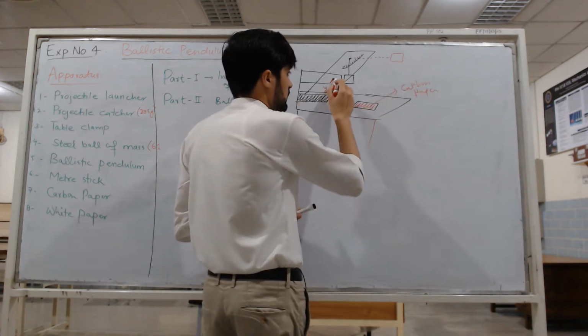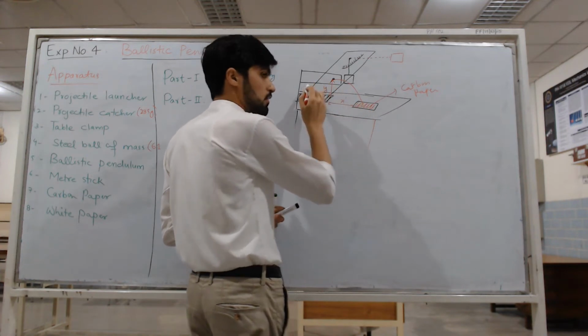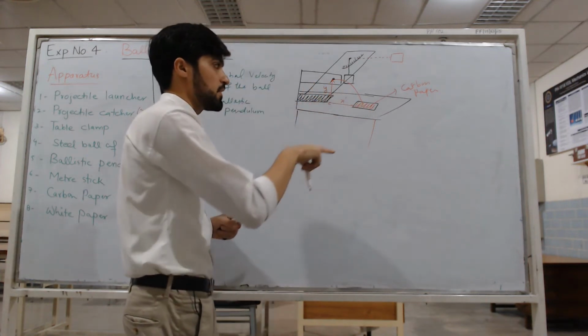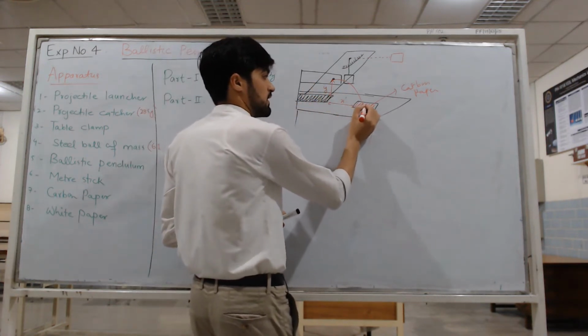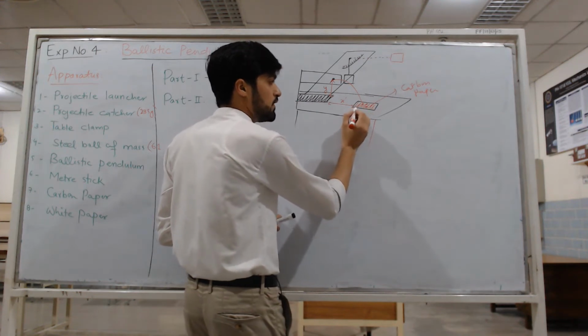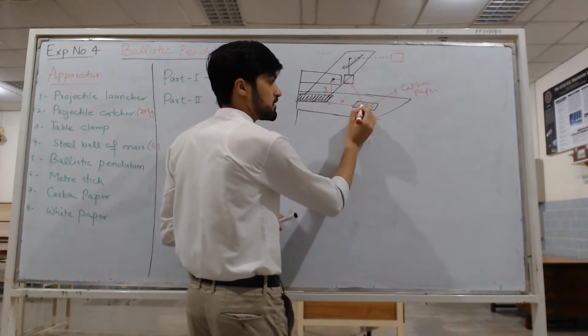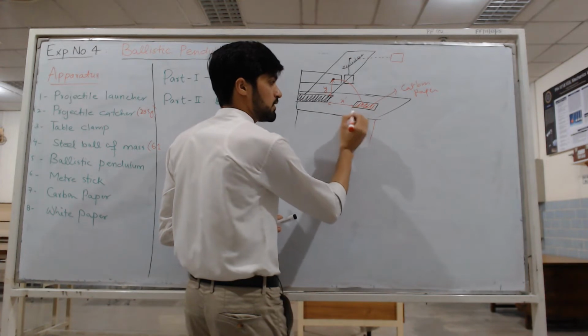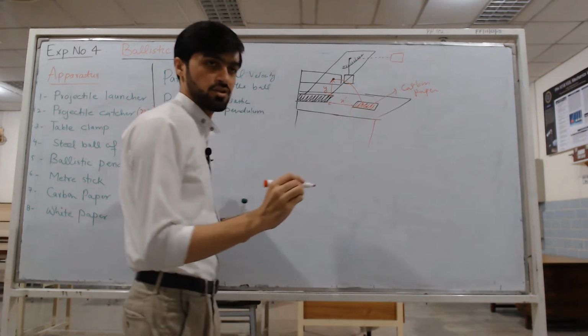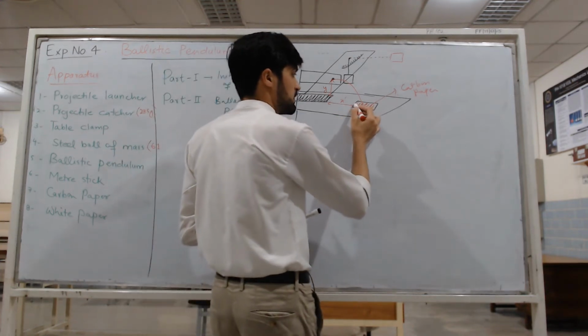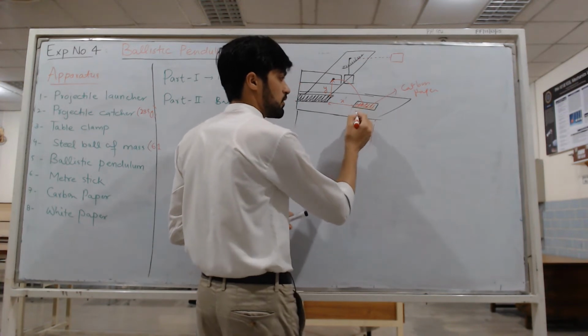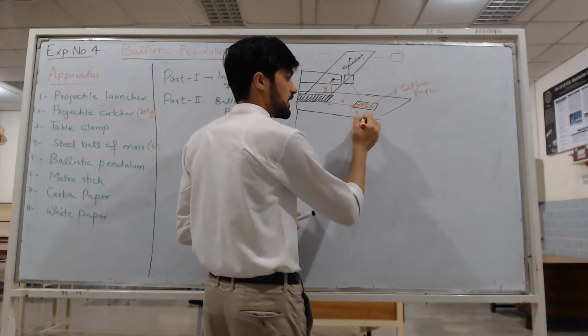For the first case, we will fire the ball. This is our first trial, second trial, third trial. Then we will calculate the distances of these dots from the edge of the paper, and then we will take the average. Let's say for the first trial, the distance of the first dot is x1, the distance of the second dot is x2.